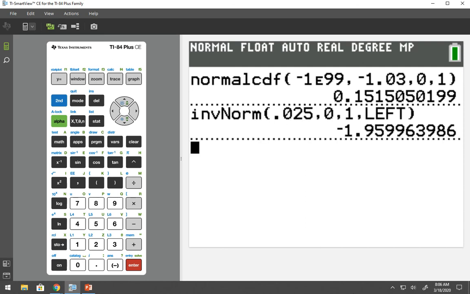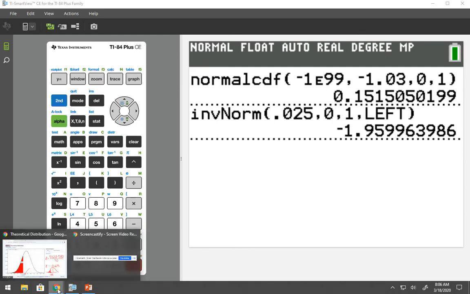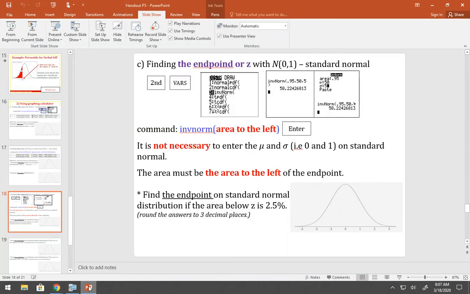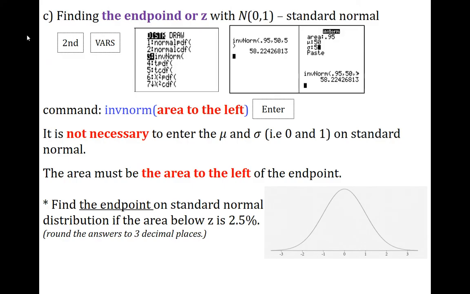If I hit the buttons, approximately that number that I'm looking for is negative 0.196. So that is my z-score that I'm looking for on that area. So we'll draw that in and make sure it looks all pretty and nice.